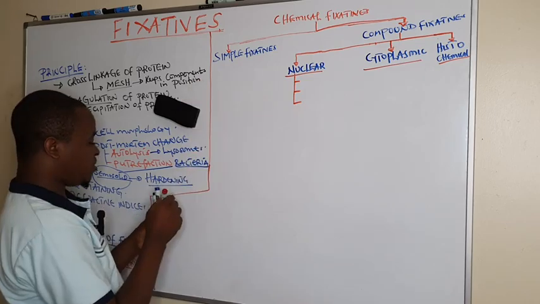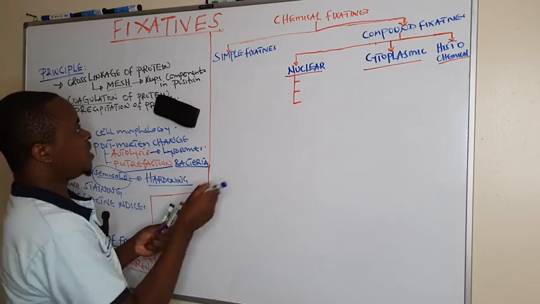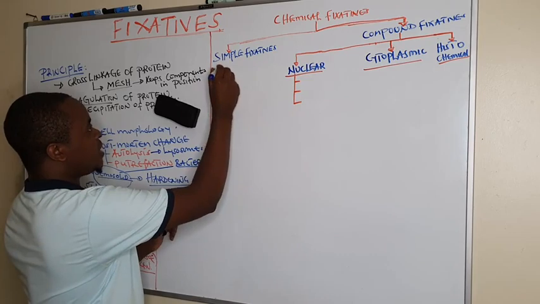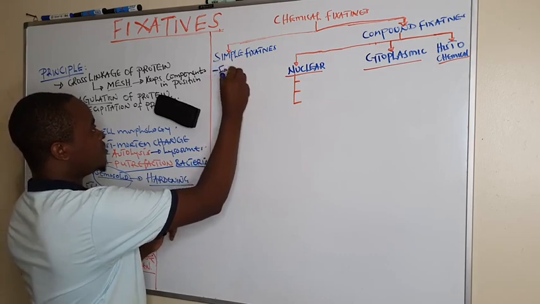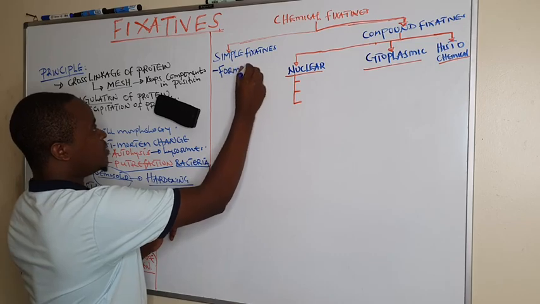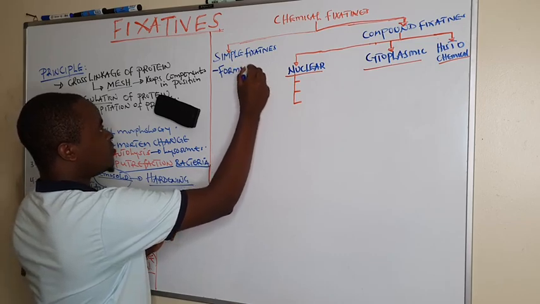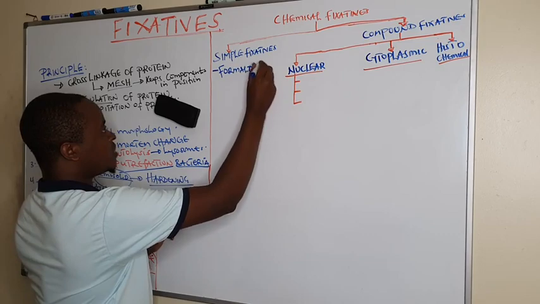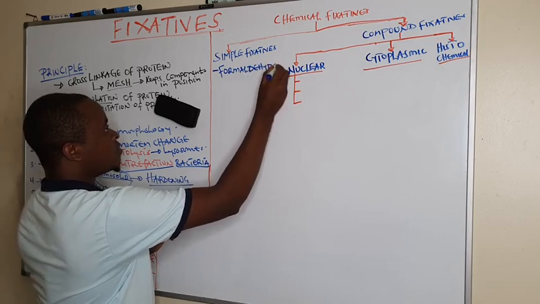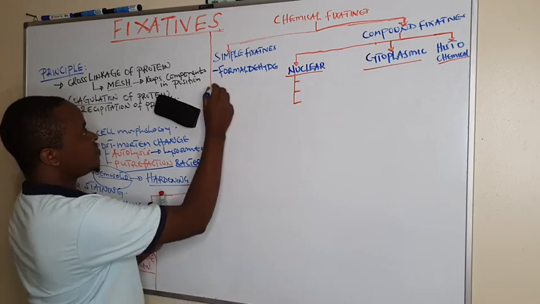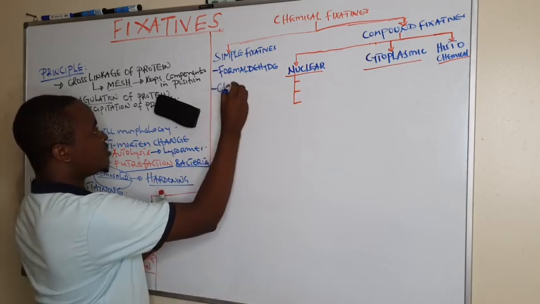Under simple fixatives, we have examples like formaldehyde, which is an example of a simple fixative. Another one is glutaraldehyde.